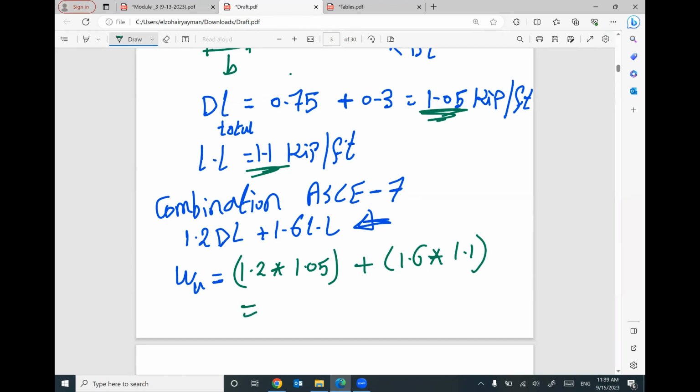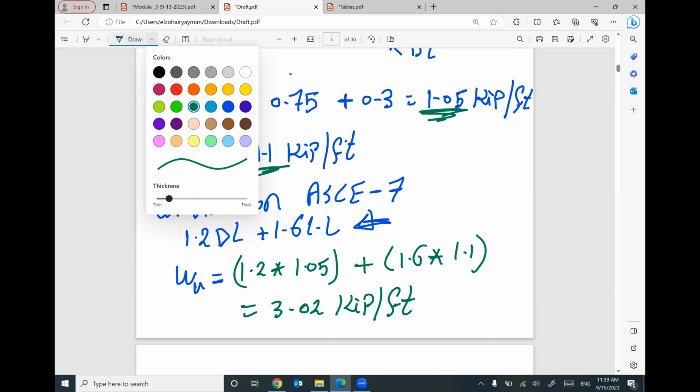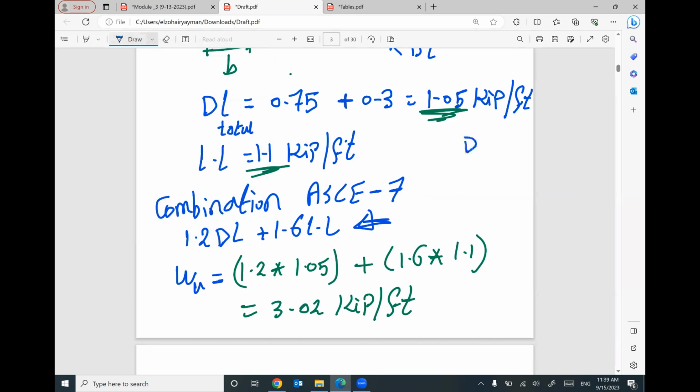This is the total combined load, 1.2 times dead plus 1.6 times live. It will be 3.02 kip per foot.